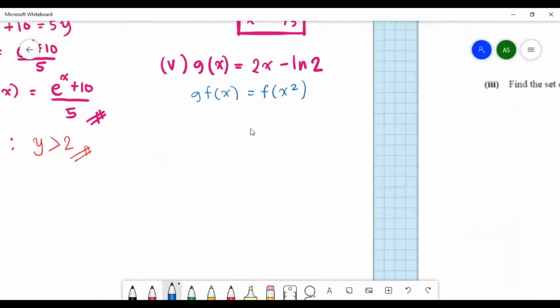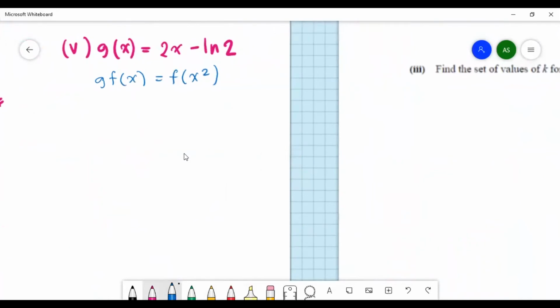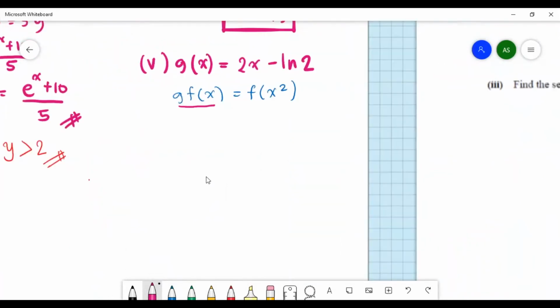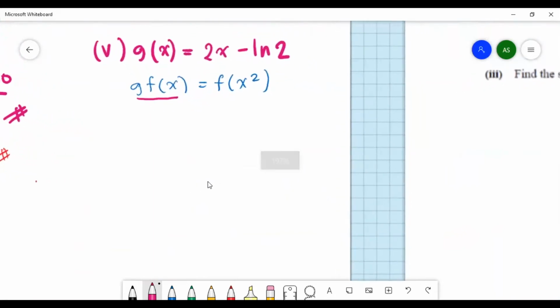So now how are we going to solve this item? Take note that when we are looking for g of f of x, that means we are putting f inside of g. So in the end, we are going to have 2.